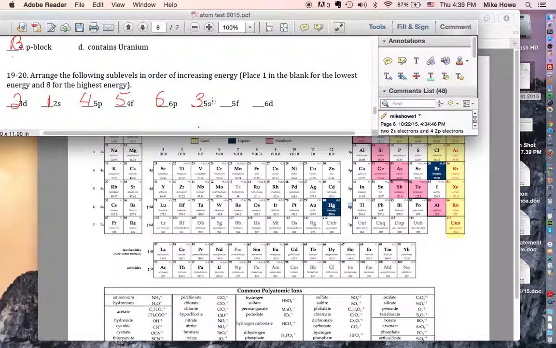Okay, after 6p comes 7s. Right there. 7s is not listed, but 5f is. So there's 7s, and you come down to 5f down here. So 5f is 7. Then after 5f is 6d. That's the next thing. All right, I'm going to stop the recording at this point and post this one because it's getting kind of long, and then I'll make a separate one for the last page of this section.